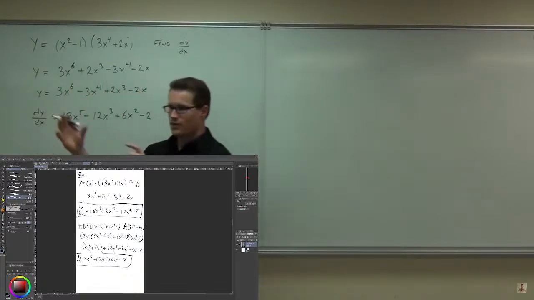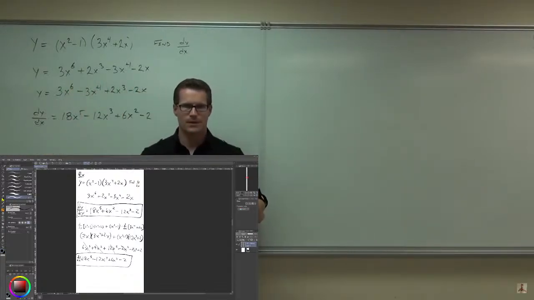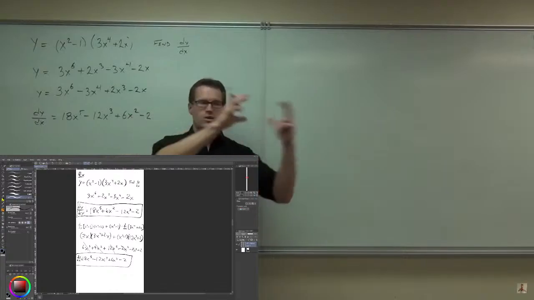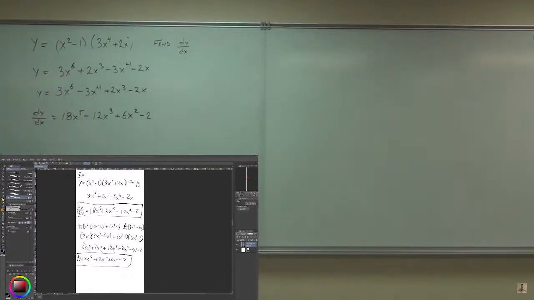Take the derivative of one of them times the other, then add that one times the derivative of the other. In other words, for us, we'd say the derivative of the first function times the second function. So that's our separation of the product there.